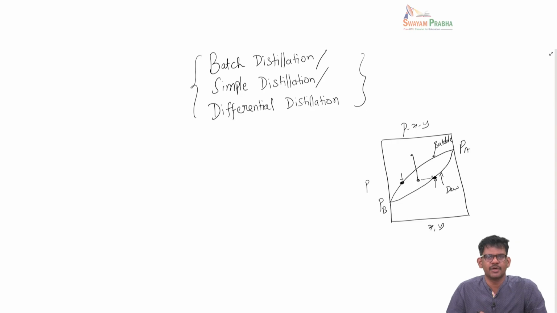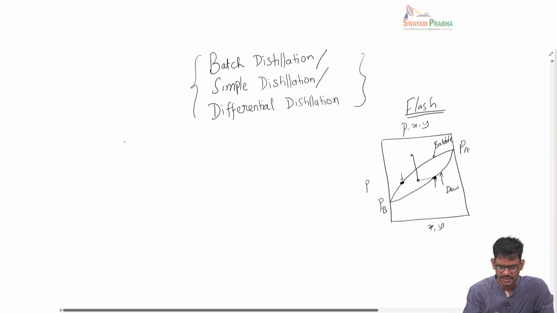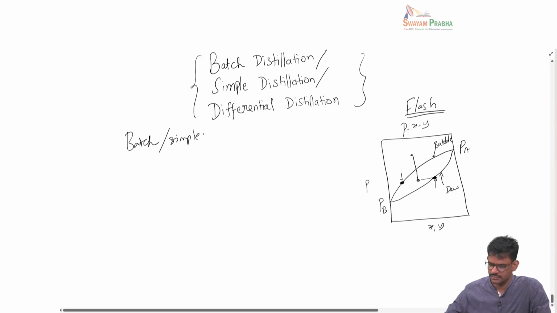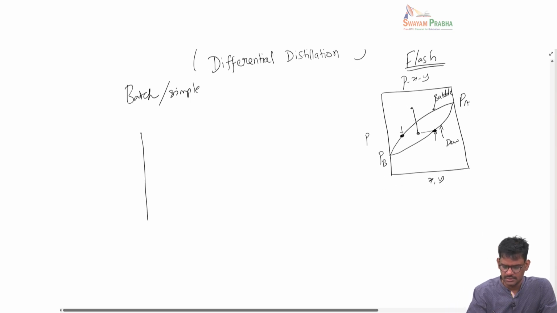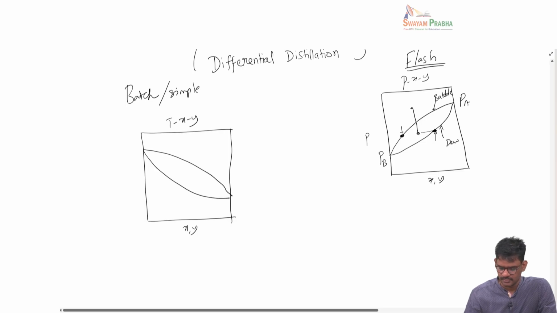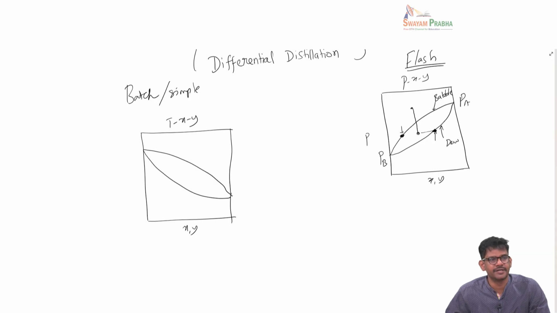So what does that mean in terms of this PXY diagram or TXY diagram? This is for flash. When we do this batch or simple distillation, this time I will take TXY, because in batch or simple distillation, temperature is the control variable.